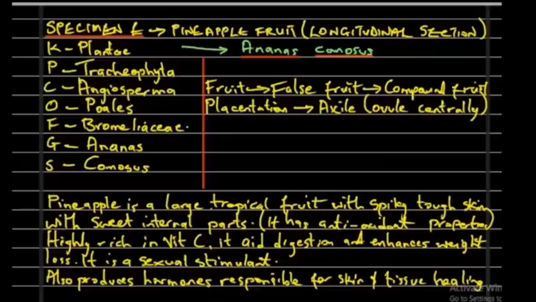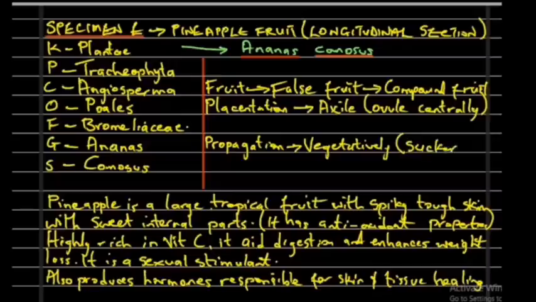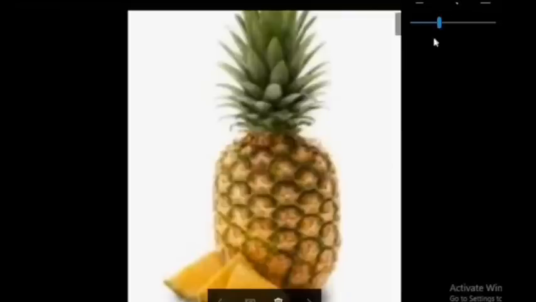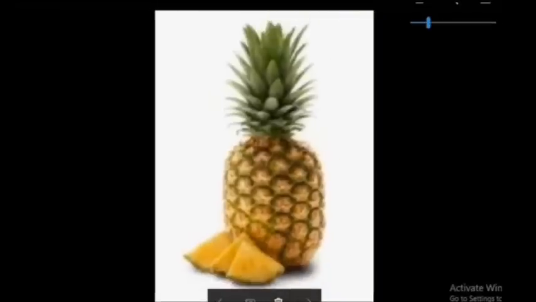It's propagated vegetatively using its suckers. That is how it is propagated. So this is an example of a pineapple fruit. You can see it. That is what the pineapple fruit looks like.